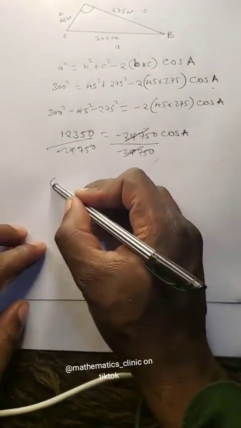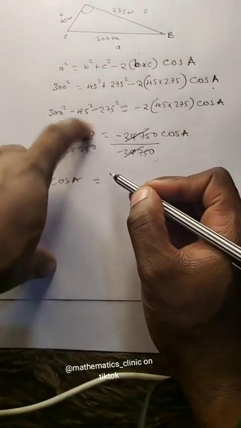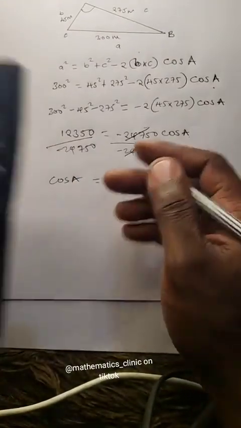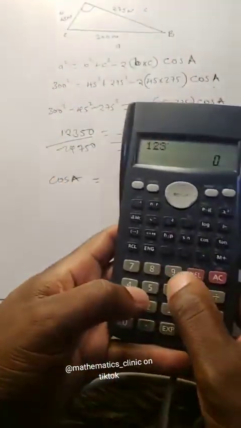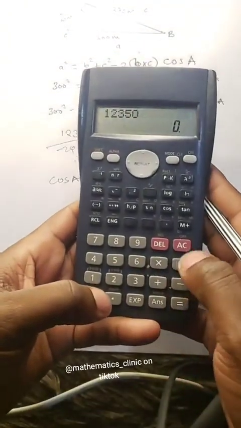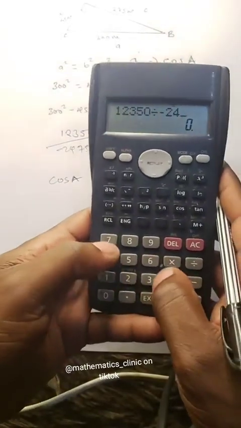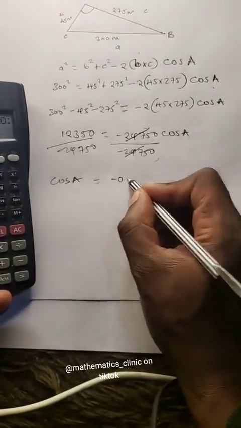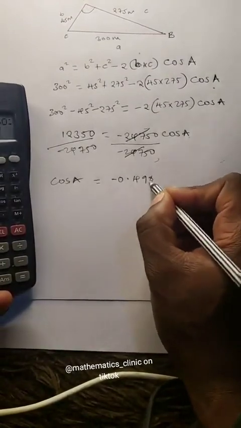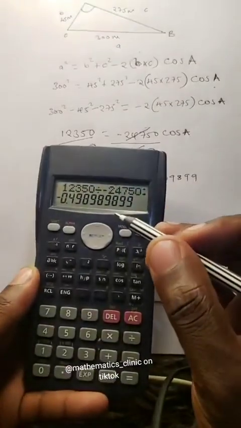We remain with cos A equal to 12,350 divided by negative 24,750. Then we say equals, and we have negative 0.498989899.